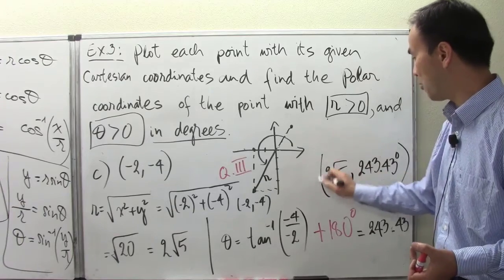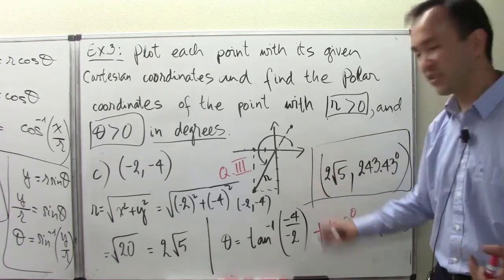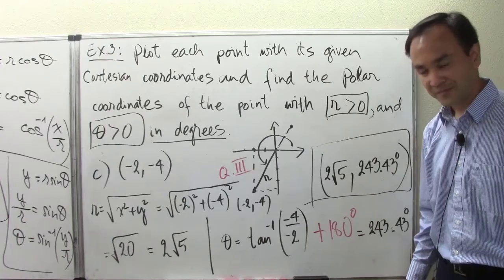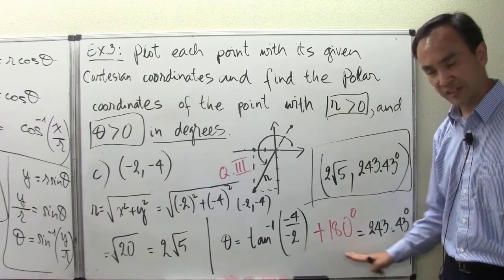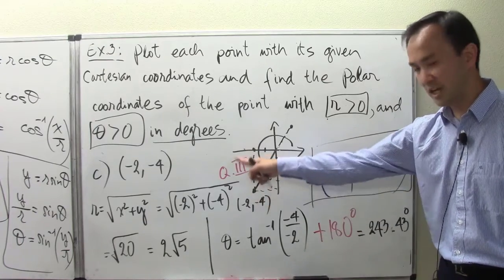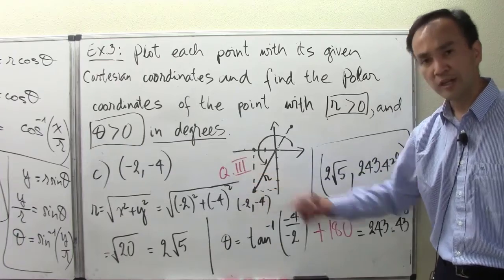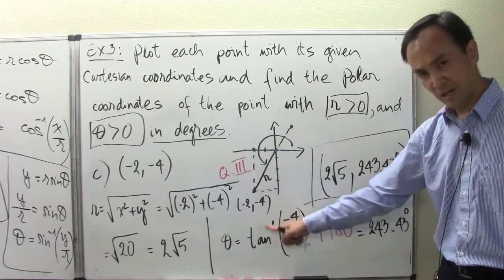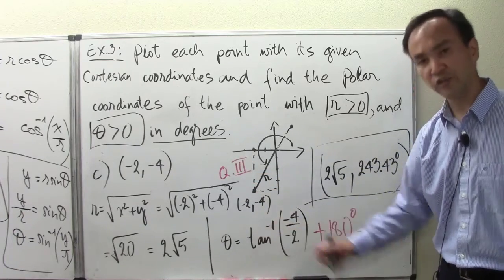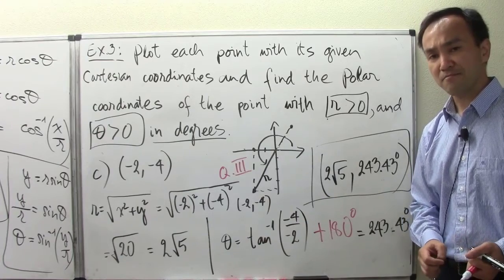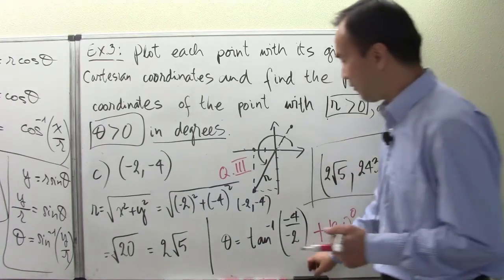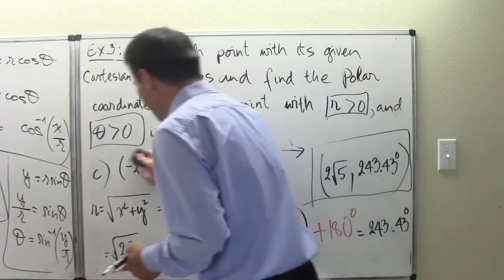That's our point in polar coordinates representation. This is the specific trick when your angle is in quadrant 3 and we use the tangent inverse function.